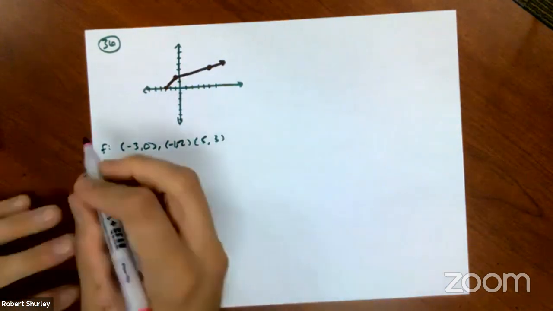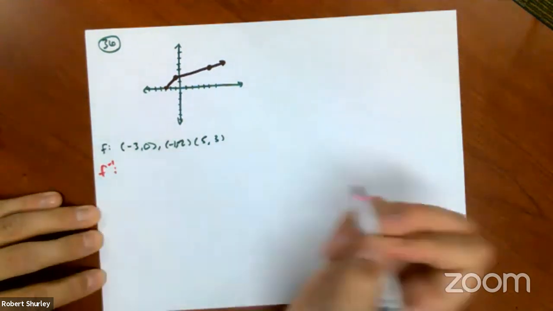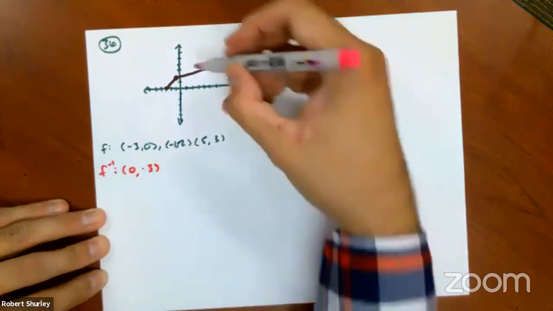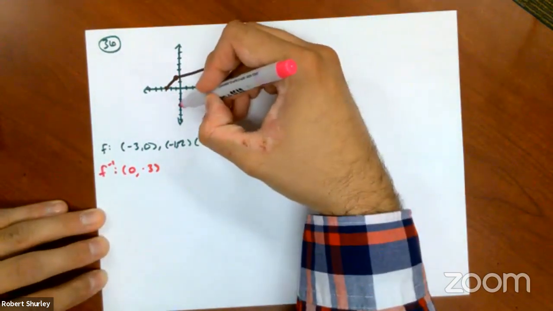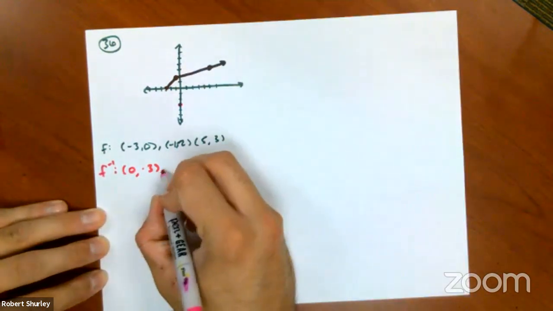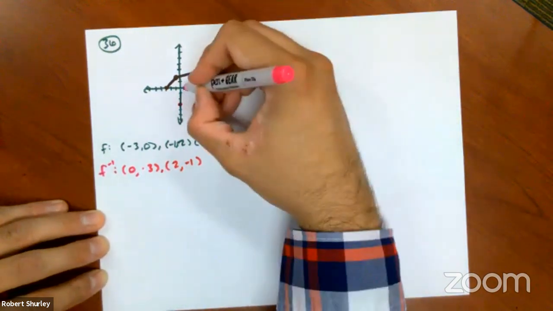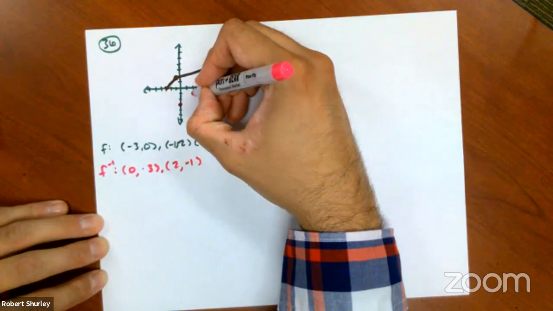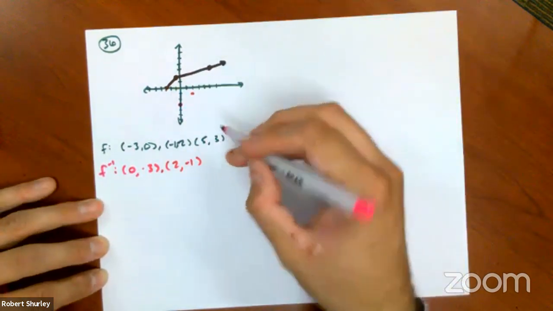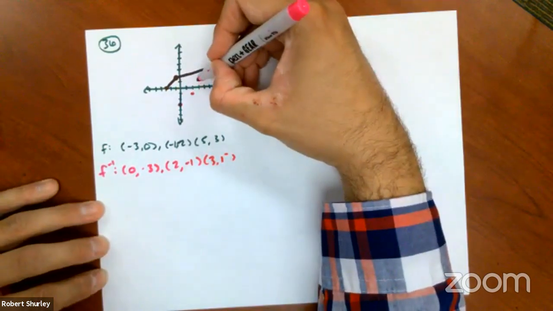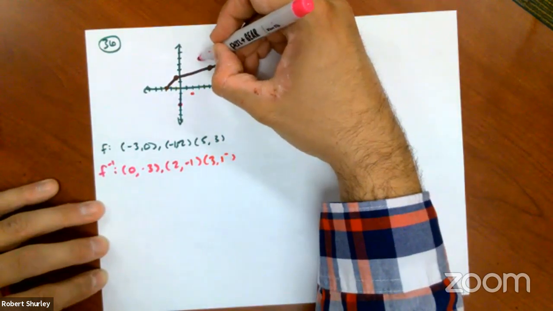So the inverse function, this coordinate would be 0, -3, right here. -1, 2 is going to be 2, -1. And then 5, 3 becomes 3, 5.